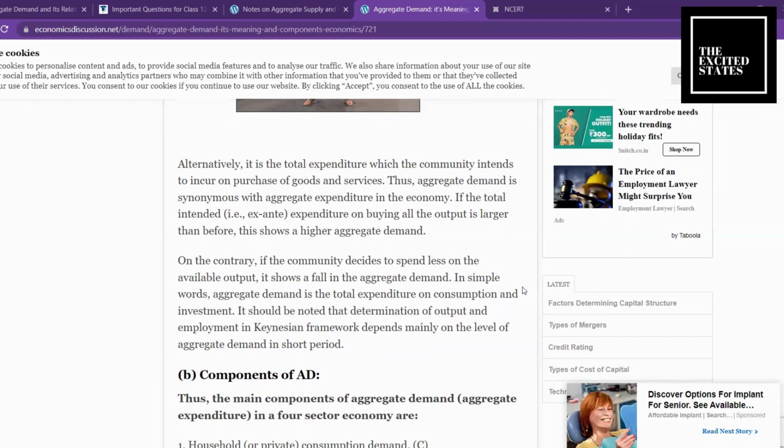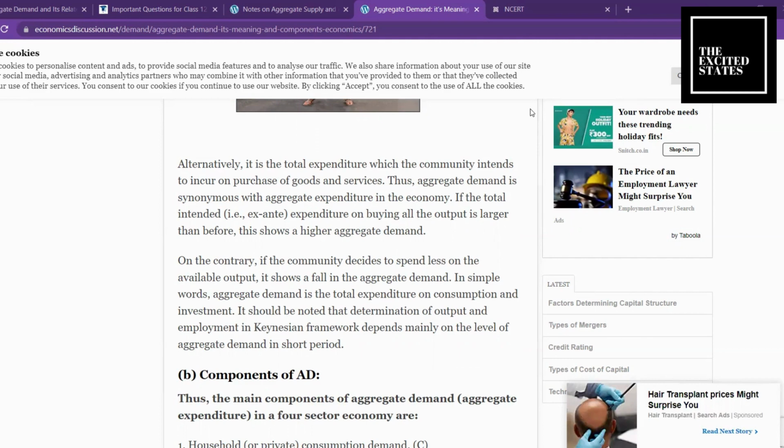If ex ante expenditure is more than ex post, that is, planned expenditure is more than actual expenditure, then we can say that aggregate demand is falling, because the plan was this much, but actually something else happened.